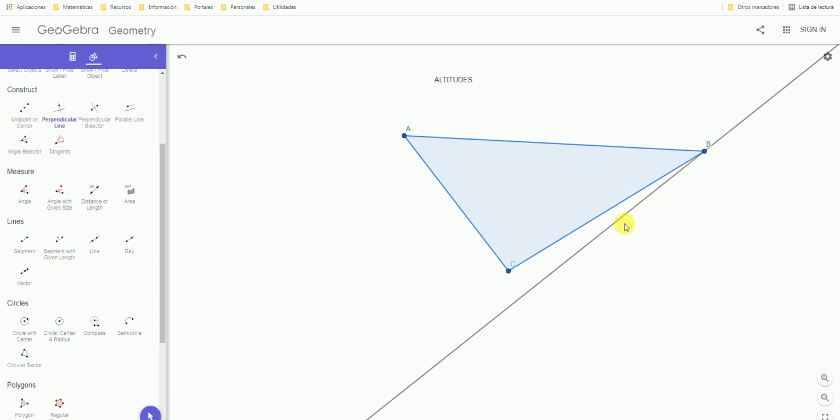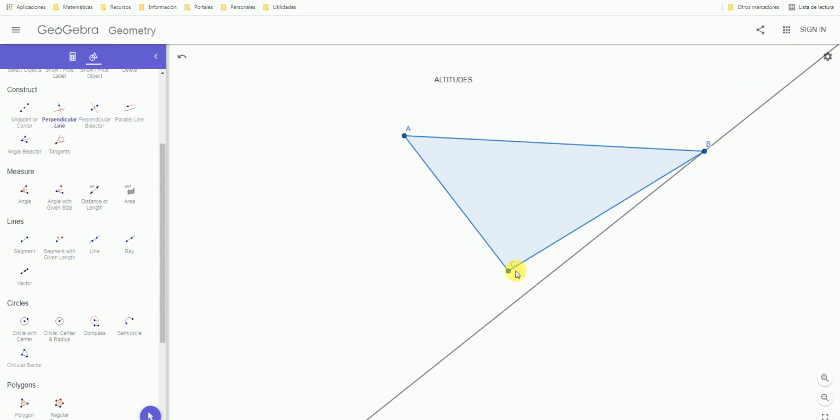So as you can see, it goes perpendicular. It doesn't go through the midpoint. It doesn't even go through the line. If you imagine that this line continues, this would be perpendicular to the line AC. If we continue the line, it will be perpendicular to this one.